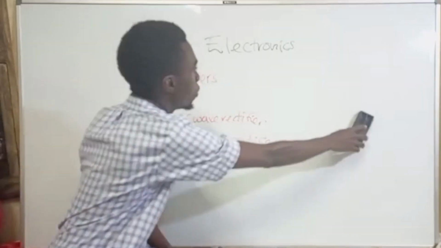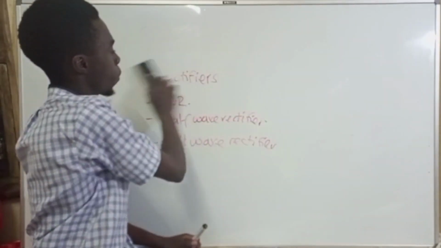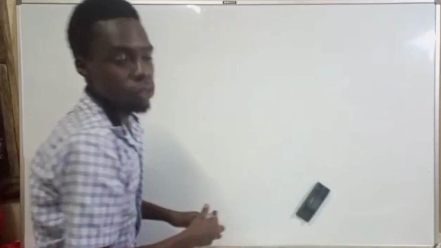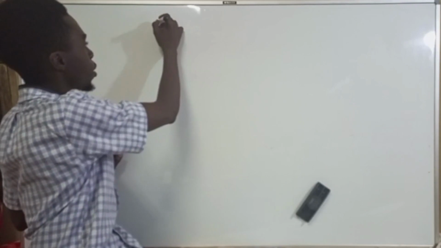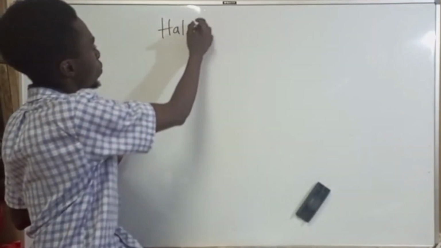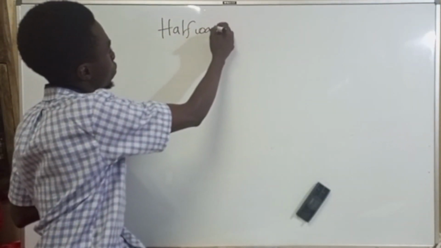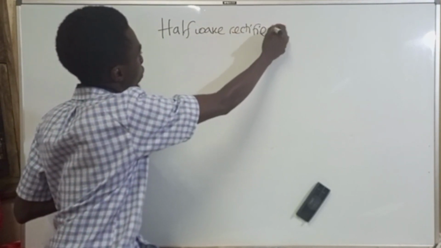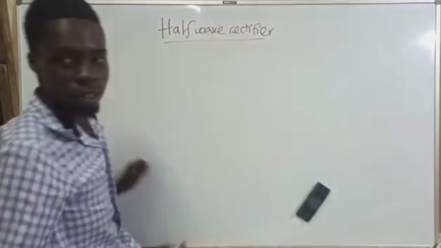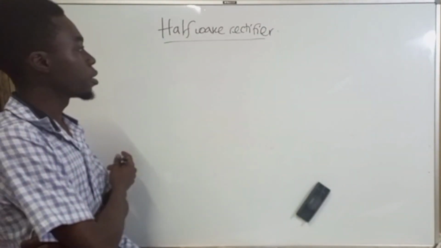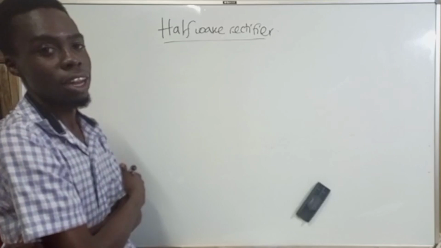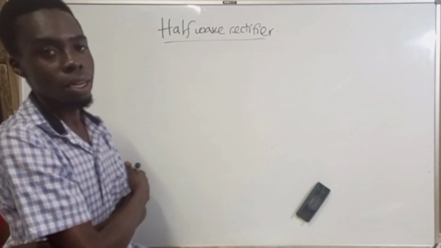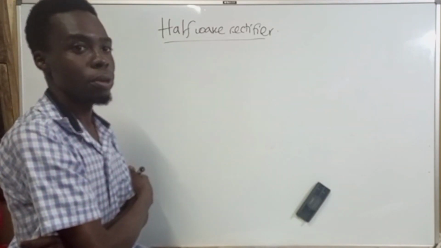So when we talk about a half-wave rectifier, we know that a half-wave rectifier is simply a combination of a diode and a load. It only uses one diode to get what we call a DC output.